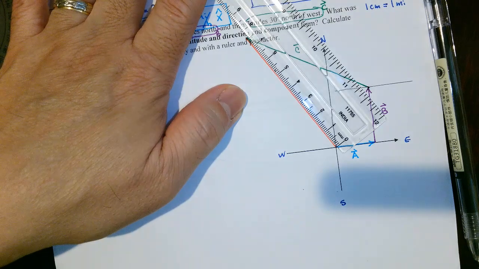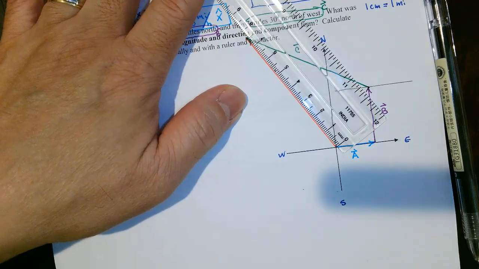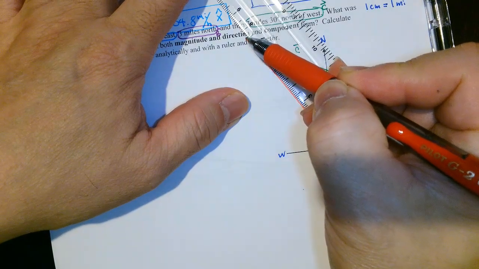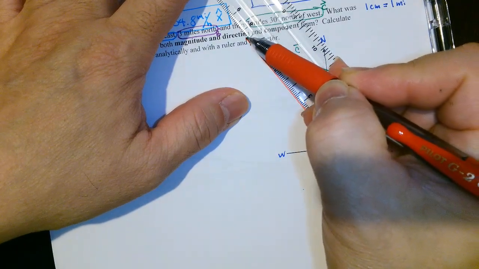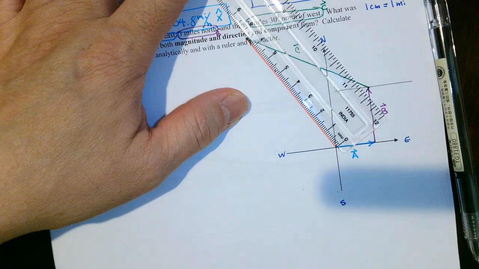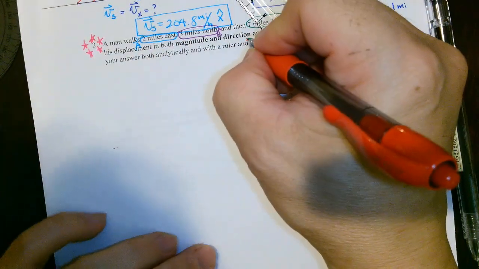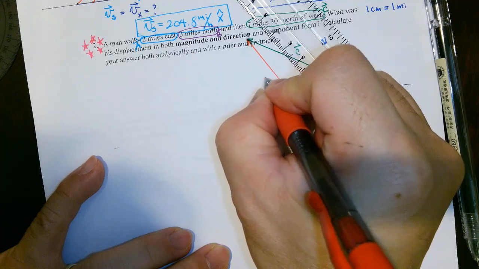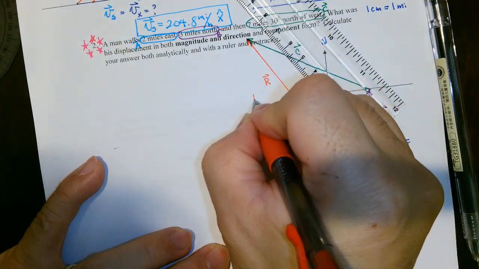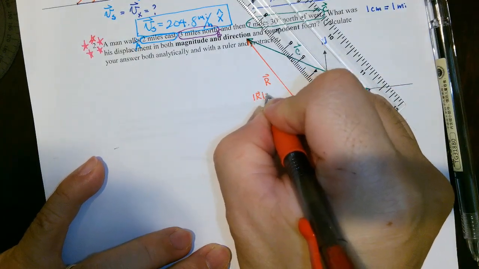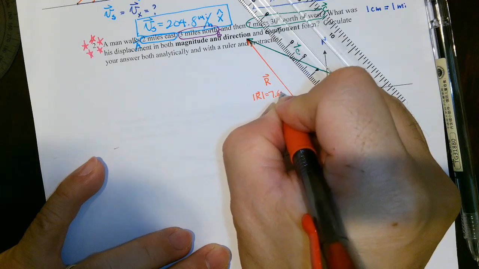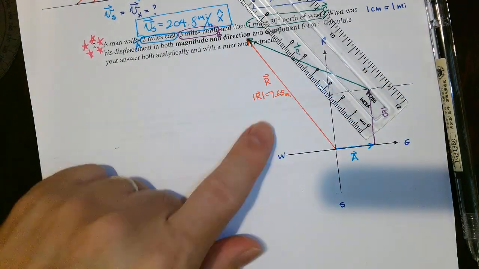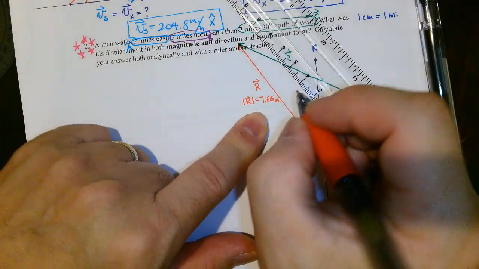So I'm going to split the difference and make that 7.65. Okay, so right there, 7.5, 7.6, 7.65. So that's my R. And the magnitude of my R, I'd say 7.65 miles. That's what I measured.